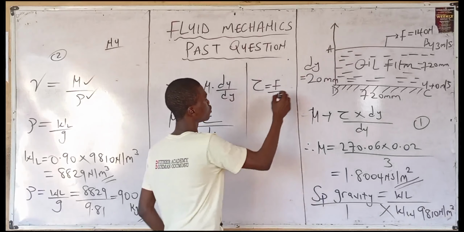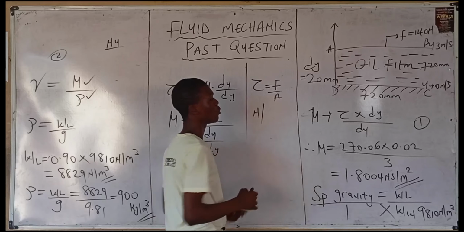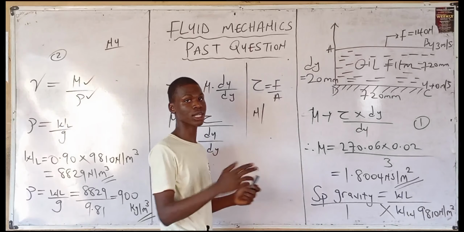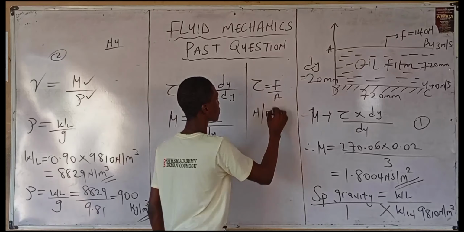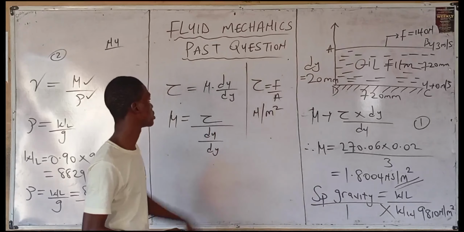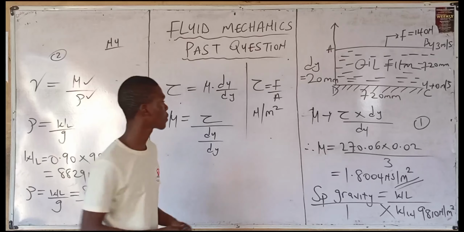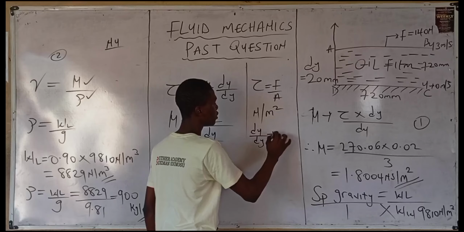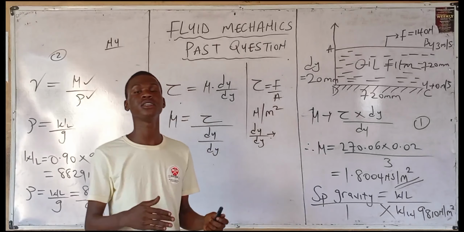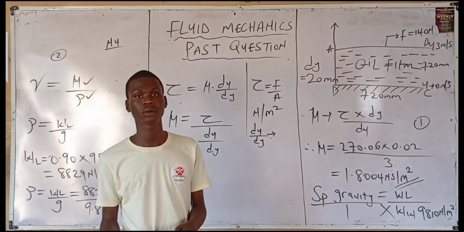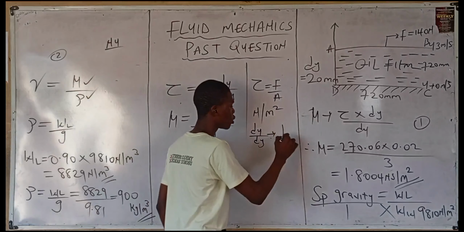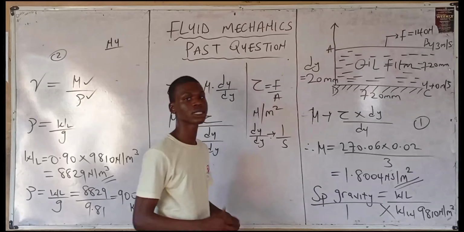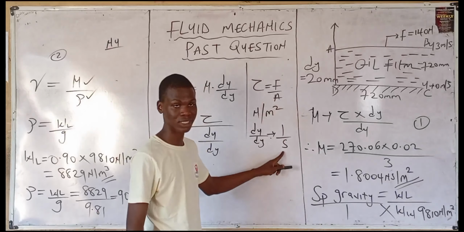Your force is measured in what? Newton, right? So Newton per, what about your area? Meter square. Length times breadth, meter square. So this is your unit for your shearing stress. What about your du over dy? Your velocity gradient is the reciprocal of time, meaning 1 over time. Time is measured in seconds, 1 over seconds, right?